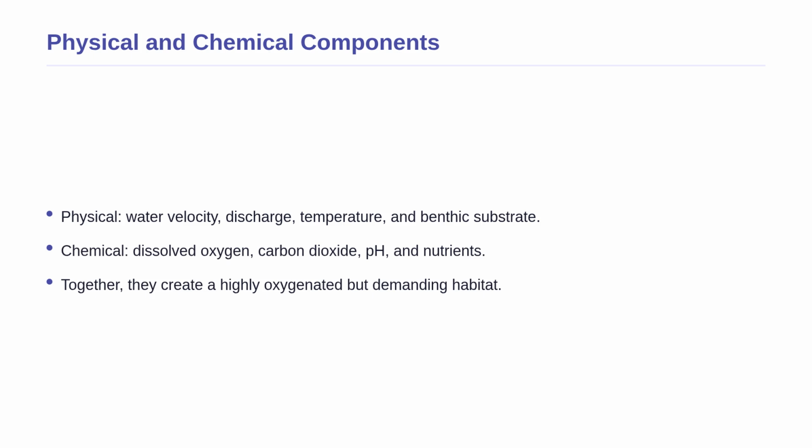On the chemical side, we are looking at dissolved gases like oxygen and carbon dioxide, the pH level, and dissolved nutrients such as nitrates and phosphates. This constant mixing creates a habitat that is incredibly rich in oxygen, but requires every single organism to be perfectly adapted to survive the physical push of the current.